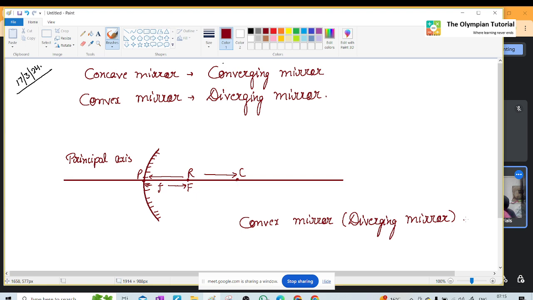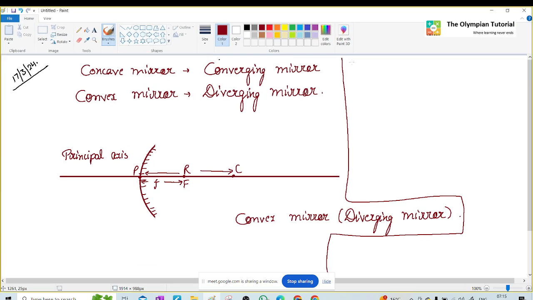After that, we will write the definition of a few terms.